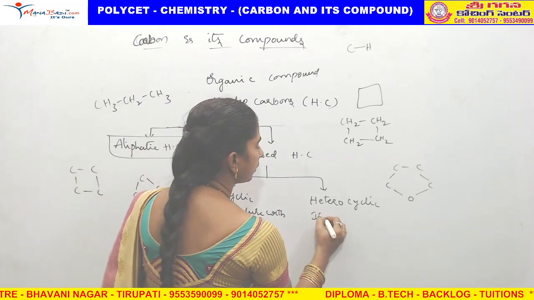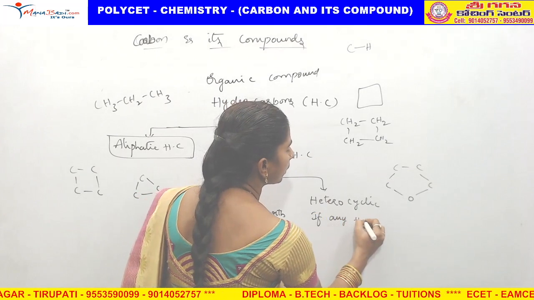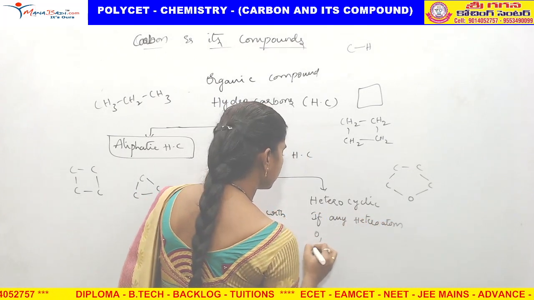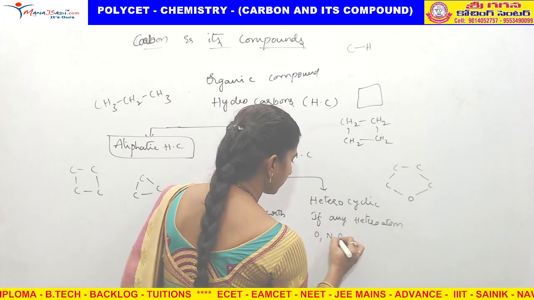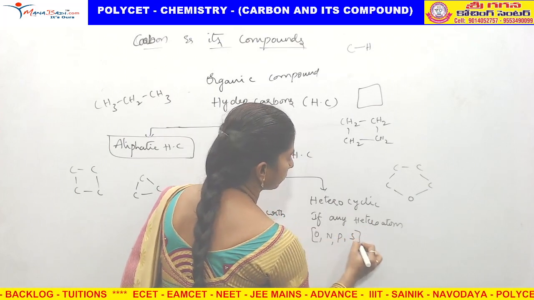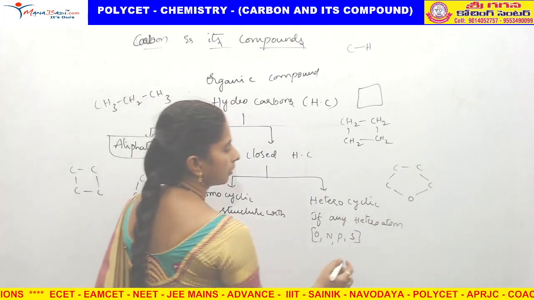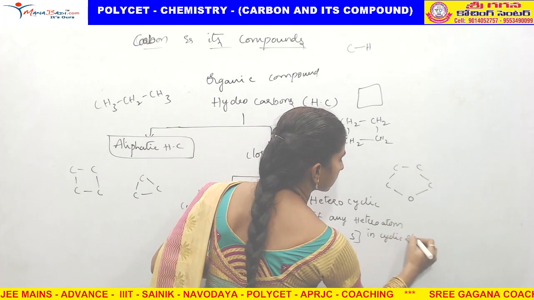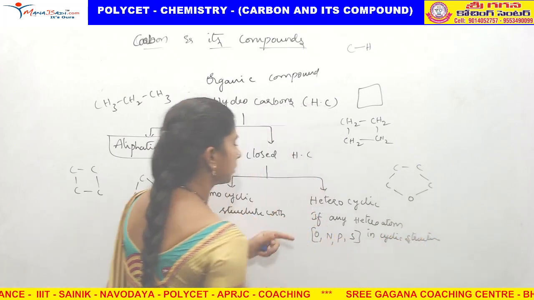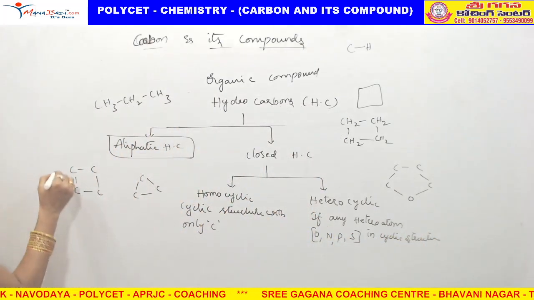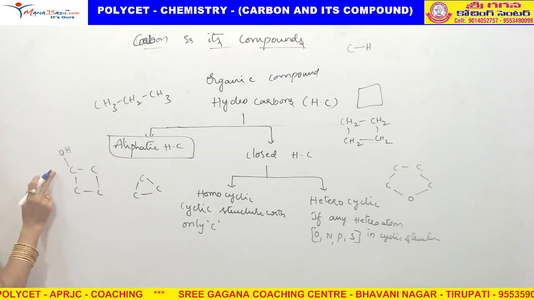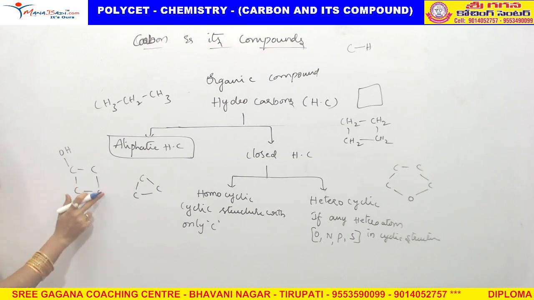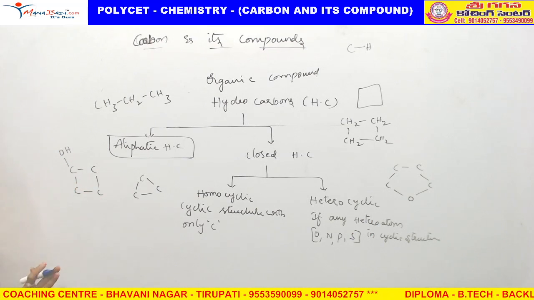If any heteroatom, meaning oxygen, nitrogen, phosphorus, sulfur, these types of elements, is in the cyclic structure, that is called heterocyclic. You may think that if I added OH here, this is also homocyclic. Only in the cyclic frame do we need to check. Other than that, we don't need it.